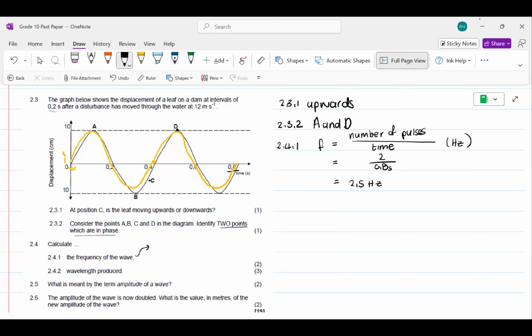Okay, so now that we have the frequency, what is our wavelength? I'll give you guys 1 minute, 1.5 maybe, wavelength of this wave, or 1 pulse.